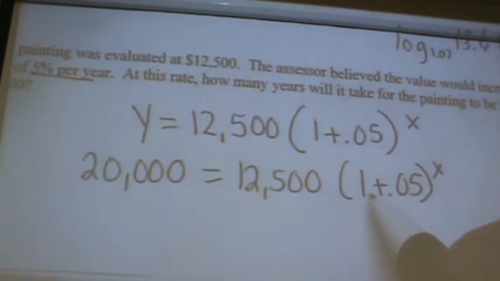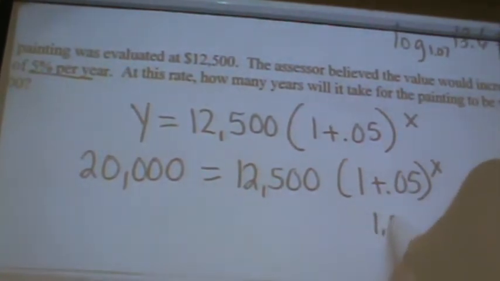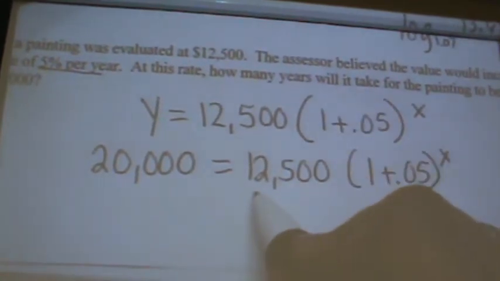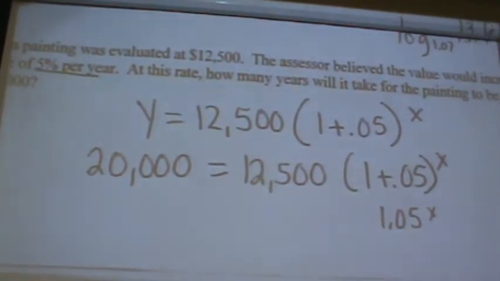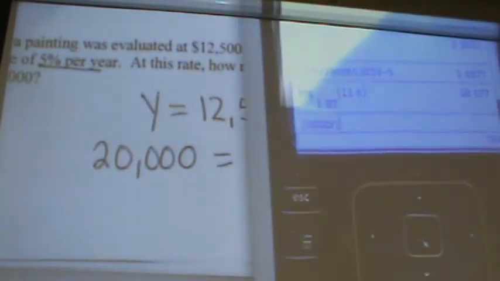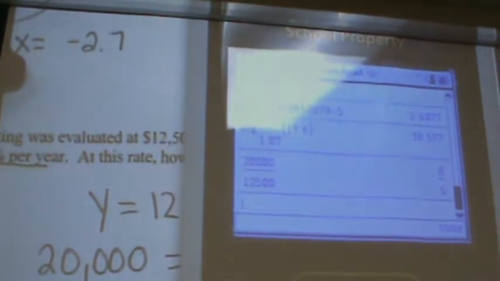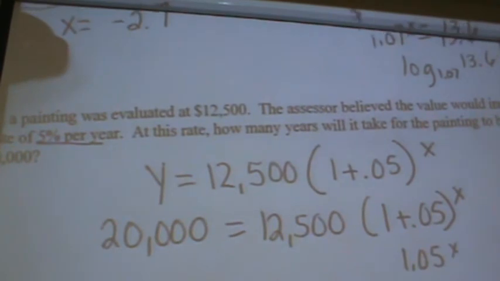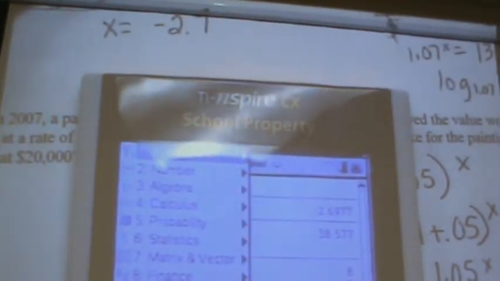Well, what's another name for 1 plus 0.05? How do you get rid of this 12,500? So what's 20,000? 20,000 divided by 12,500. Eight fifths. Now you could do menu, number.